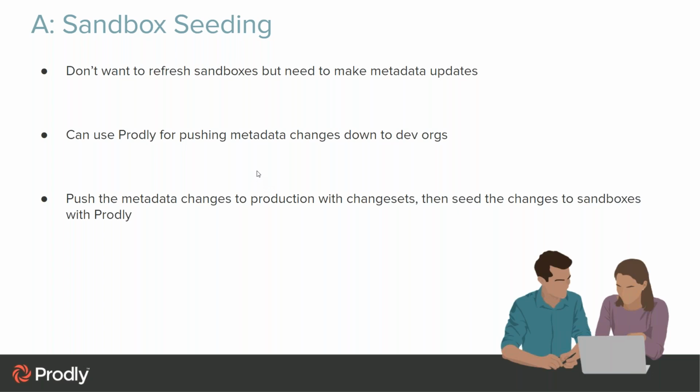You can use Prodly for pushing metadata changes down to your dev orgs. Also pushing metadata changes to prod with change sets, then seeding the changes to sandboxes with Prodly, all things that we can show you how to do if that's something that you're interested in.